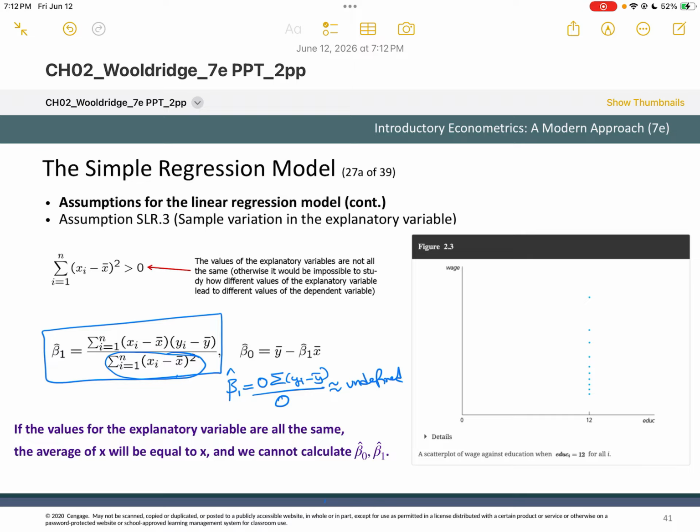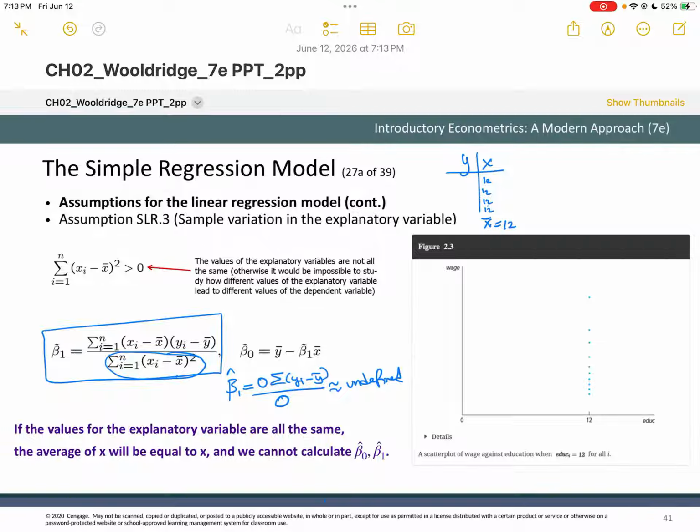Let's say this is our data set, right? This is y, and then this is x. And let's say our x bar, the mean of x, is 12, and each data point under x is also 12.